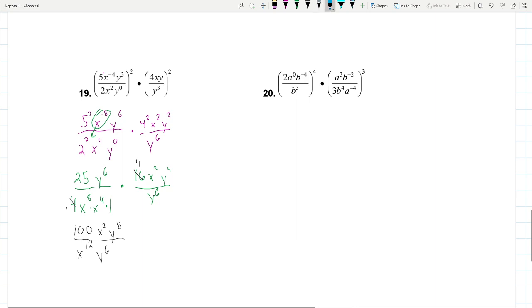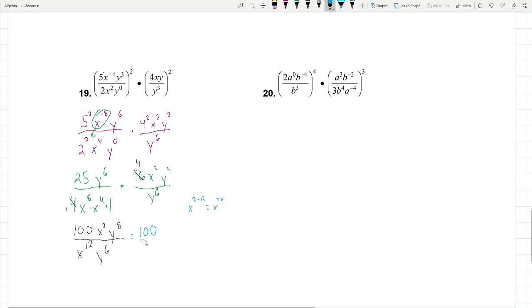And we're still not quite done yet, because we have some common bases. So we still have these x's and these y's. And so the 100 stays as it is. And I do this a little bit off to the side. I go, okay, x to the 2nd minus 12 is x to the negative 10.